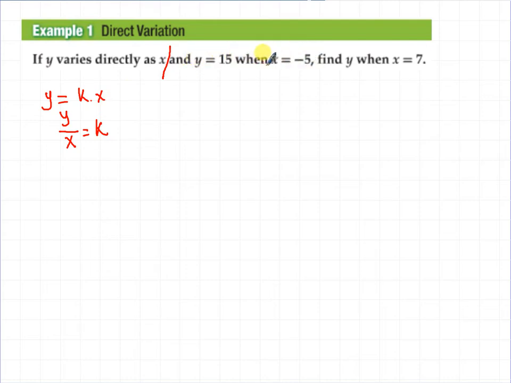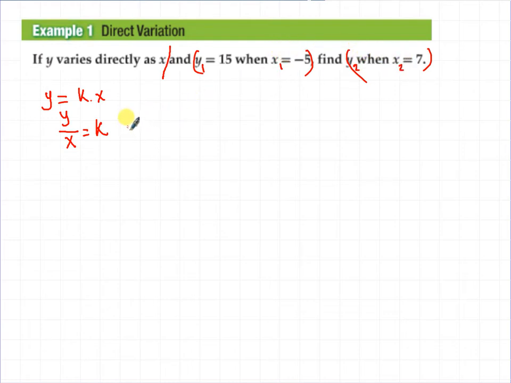This is the first set of values. Find y when x equals 7, and here is the second set of values. To differentiate between them, I will give them subscripts. This is y1, x1, and this is y2, x2. Y1 varies directly with x1, y2 also varies directly with x2.